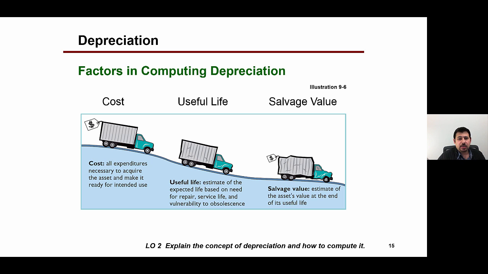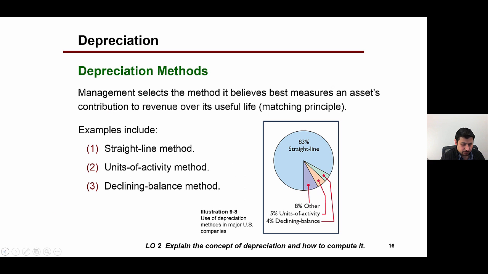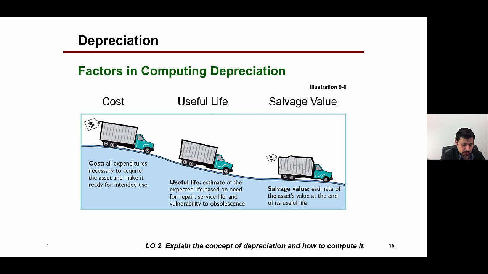There are three main factors that affect the computation of depreciation. The first one is cost. This is the original cost of the asset. And again, it's not just the purchase price, it's the cost at which it was reported. And then the estimated useful lifetime, as well as the salvage value.